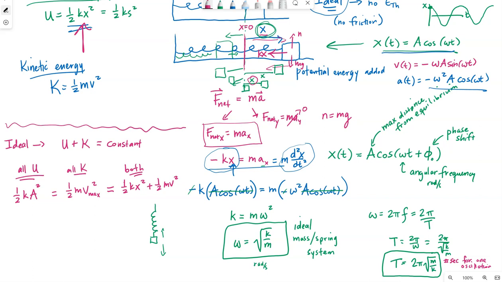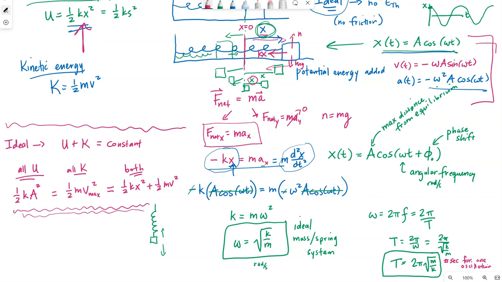As we look at oscillating systems, if we want to relate position and velocity with the mass spring system, we can totally use conservation of energy, or we can use the equations that describe the motion. Both are perfectly valid, both are useful, but ultimately, we want to remember that energy is conserved.